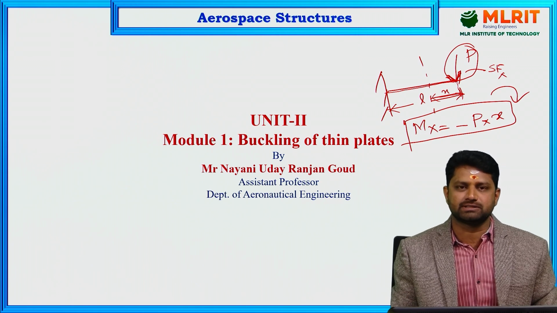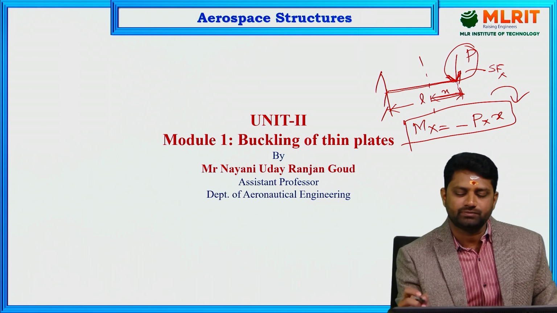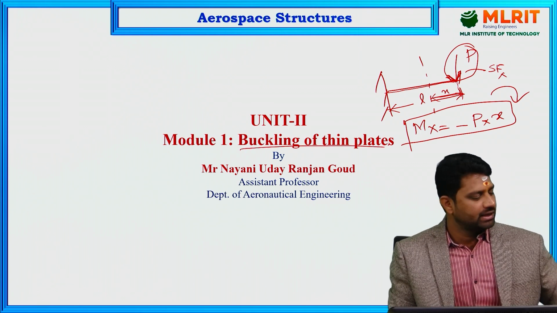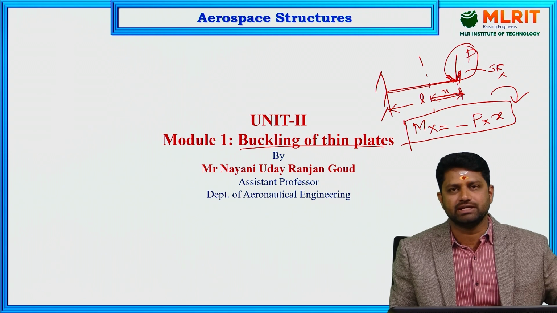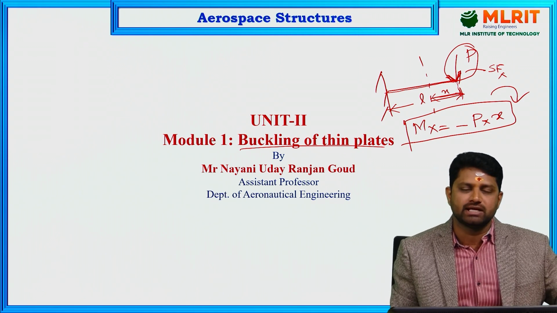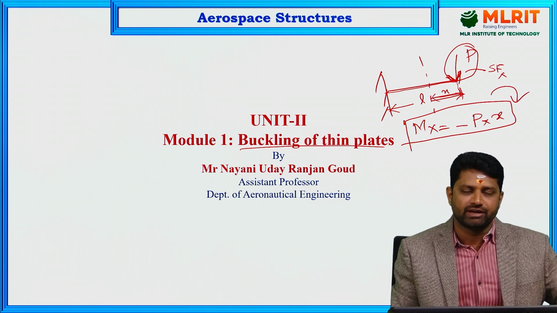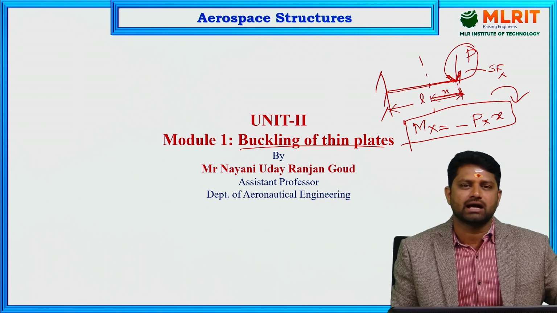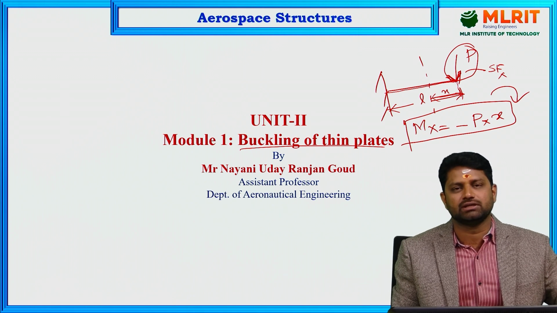followed by the perpendicular distance. Now here, when it comes to this topic, buckling of thin plates, in the previous classes we have seen what is buckling. Now let us define buckling. Buckling is a phenomenon in which the material, or the beam or the column, undergoes different types of loading, and as the loading is gradually increased, you can see the deflection in the material.